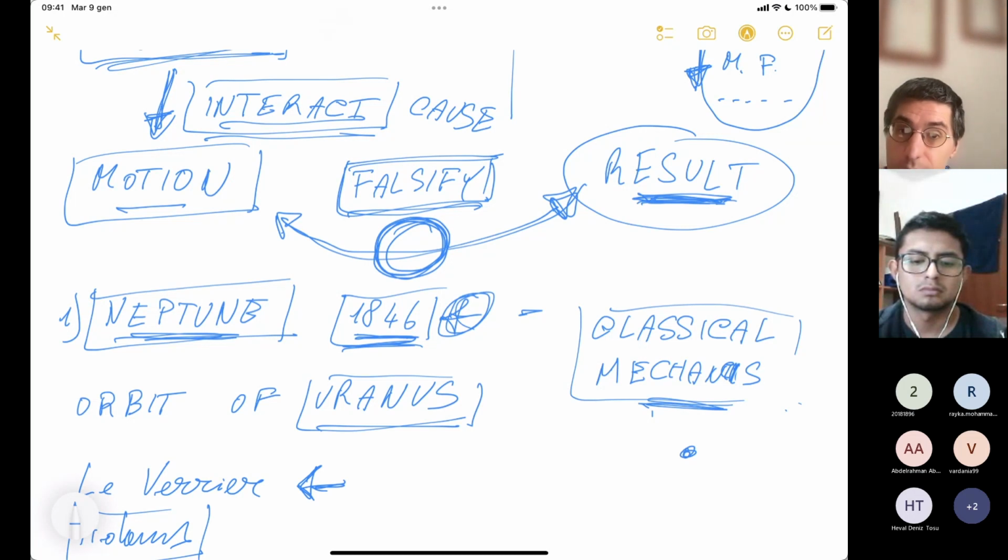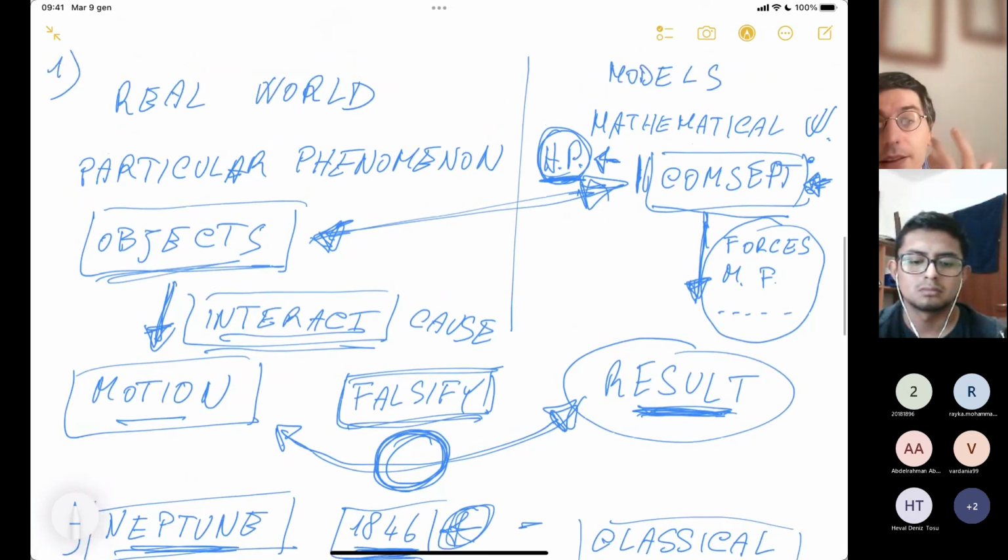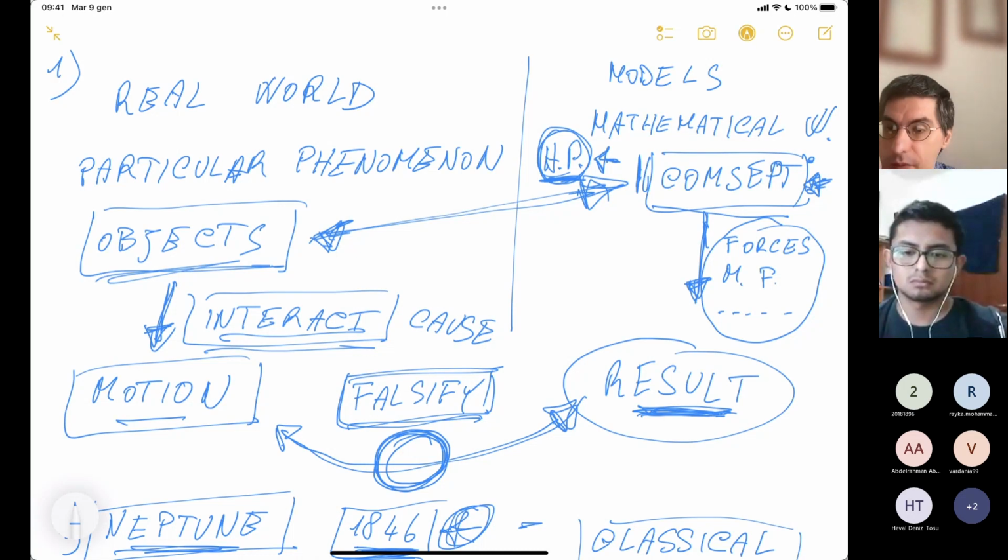So you understand that this is very important, because if you have a model and you don't understand what is the range of applicability of your model, you are not sure that your result will be the same as the results of the real world. So this is a very important issue when you build a new model, of course.